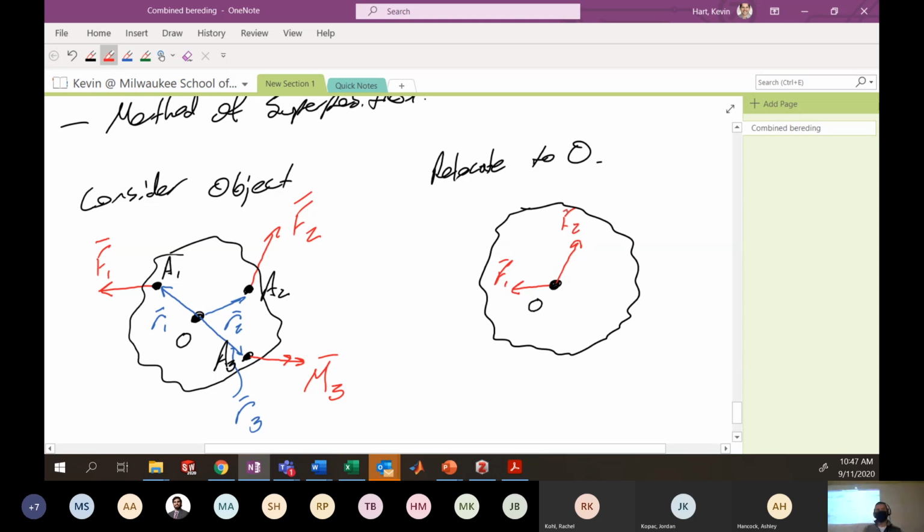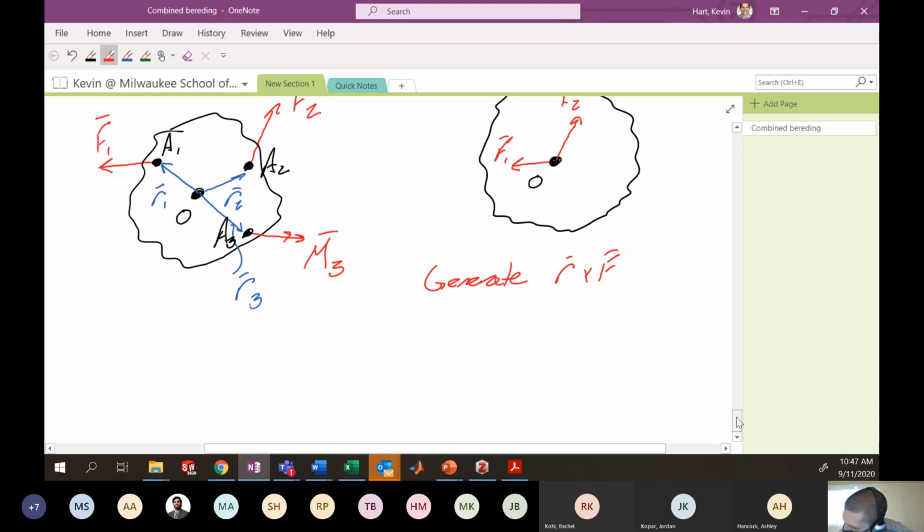But because I relocated those forces, I need to account for the equivalent moment that I need to carry over for moving that particular force. The moment that's generated when I relocate those forces is R cross F. So we generate R cross F when moving.